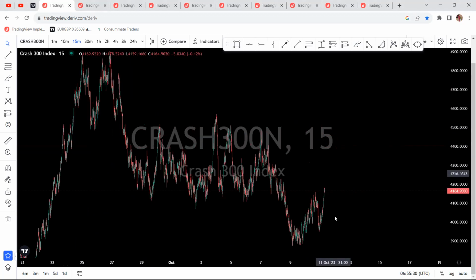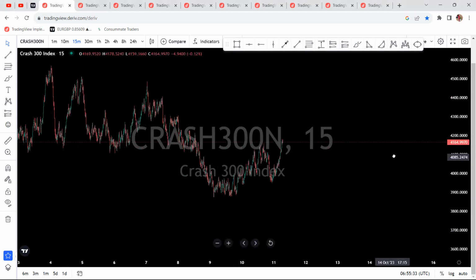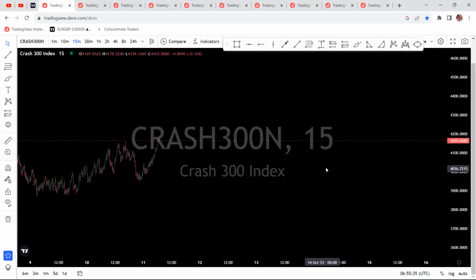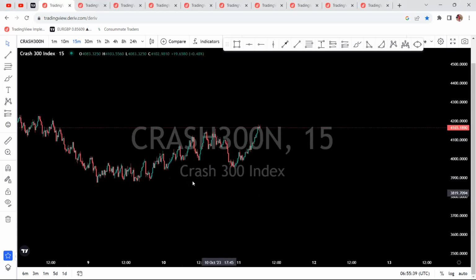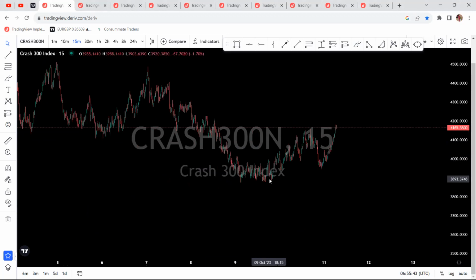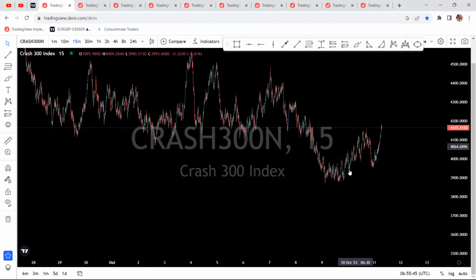After this corrective wave, I thought that this market would do another down impulsive wave. But we discovered that what it did here might actually be an extension or the start of a new wave to go up. Nevertheless, we need to watch to see what the market is actually doing.